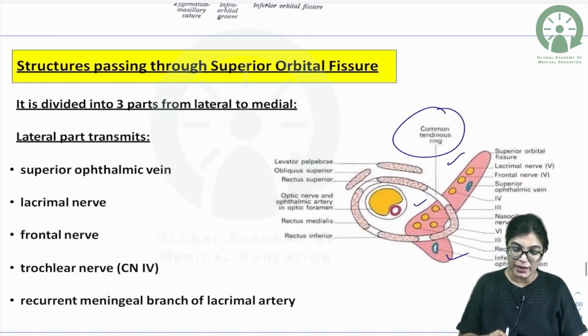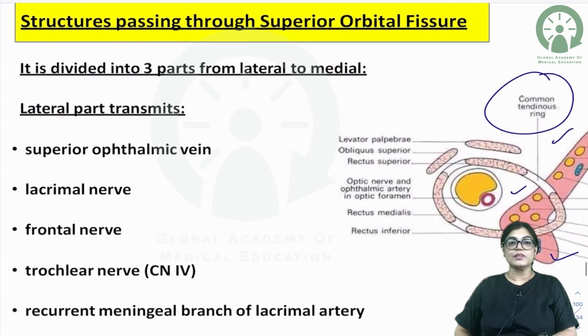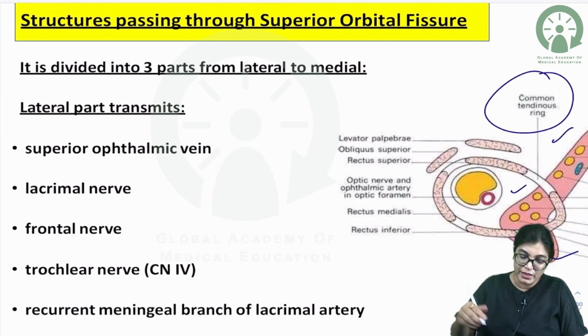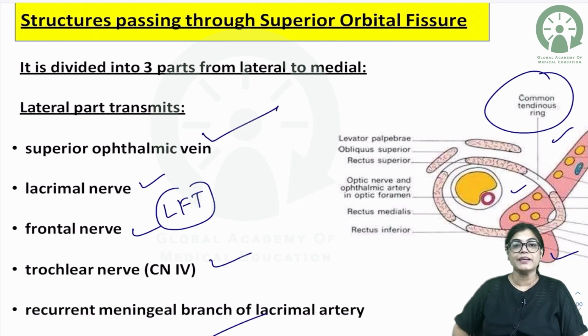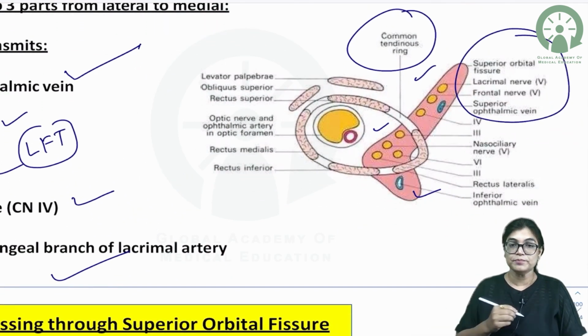Through the lateral part of the superior orbital fissure, the following structures pass. LFT is the mnemonic: lacrimal nerve, F for frontal nerve, T for trochlear nerve. LFT is the most important content. Other than that, the superior ophthalmic vein and the recurrent branch of the lacrimal artery also pass. So these structures pass through the lateral part of the superior orbital fissure. That is this part.